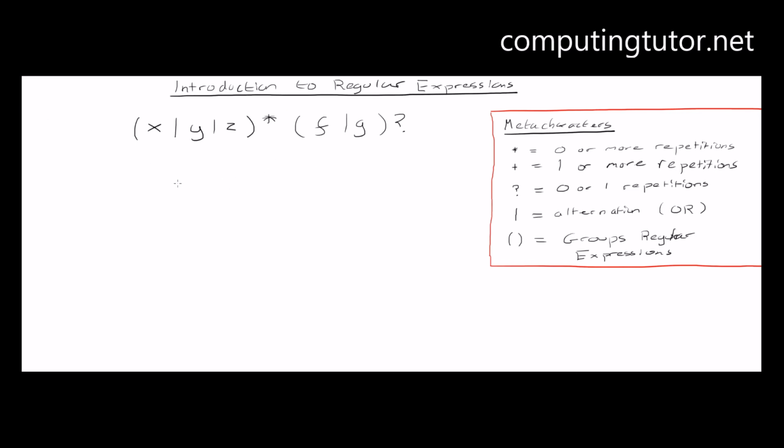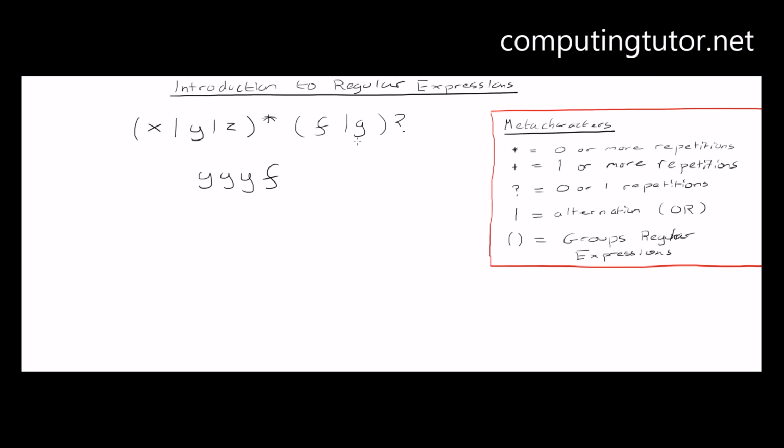So one string that would be acceptable to this regular expression would be y, y, y, f. And the reason that will be acceptable is because in the first part of the regular expression I can have x, y, or z and 0 or more repetitions of x, y, or z, and I've got 3 repetitions of y, so that meets that part of the criteria.